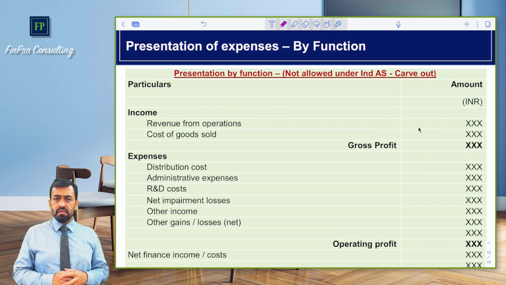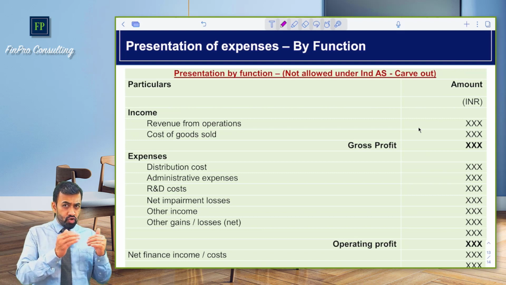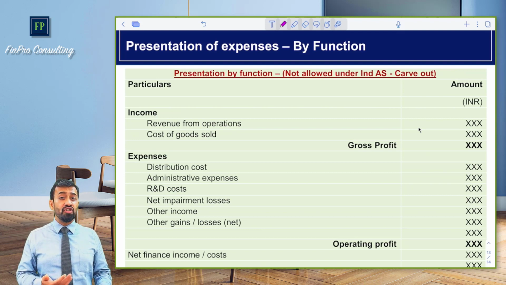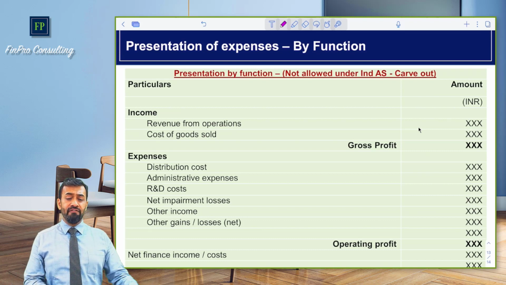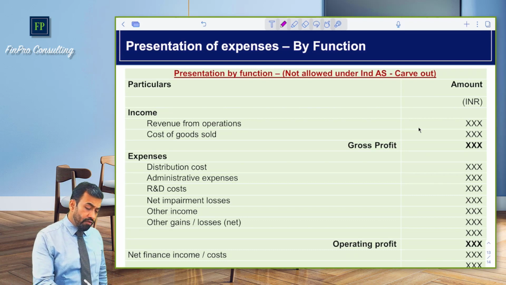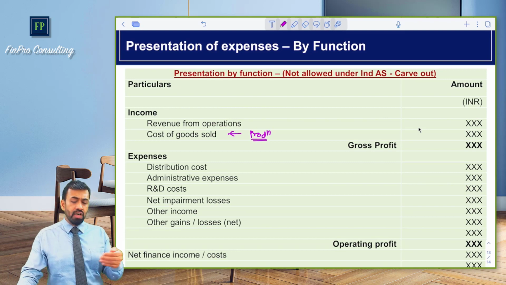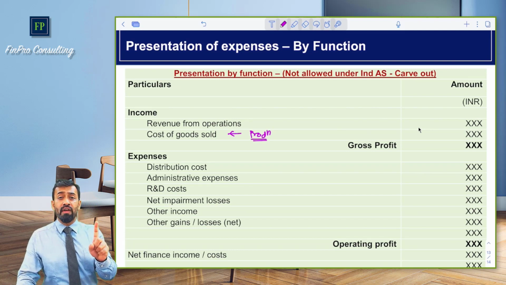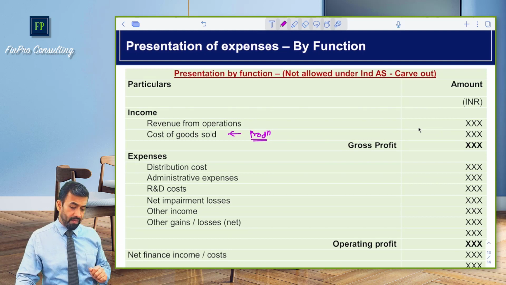What is the difference? If you see carefully, all the expenses have been distributed department wise, function wise. So all these expenses are categorized, bifurcated by their functions. Cost of goods sold is related to the production department's function. So the production department's expenditure will include employee benefit expenditure of the production department, depreciation and amortization of the production department, and any other expenditure incurred in the production department, which will be clubbed here.